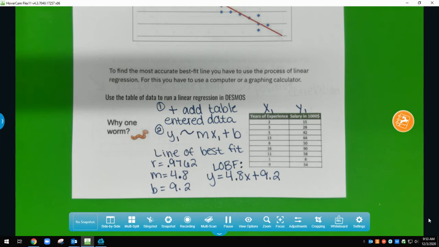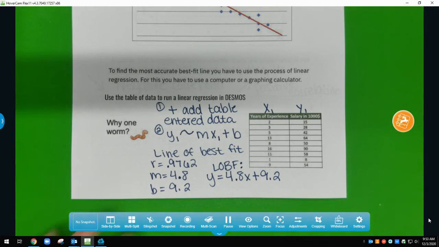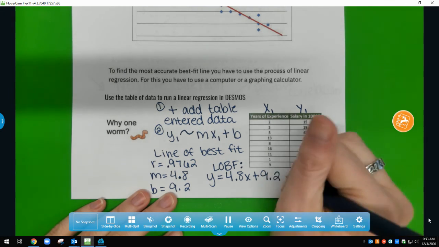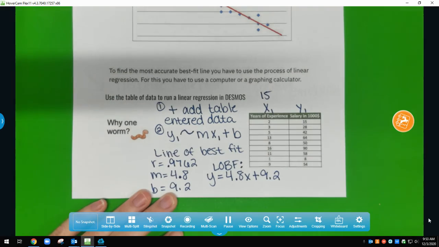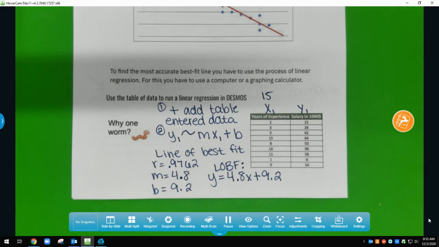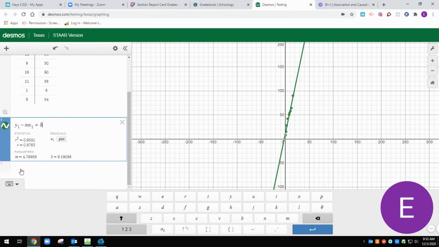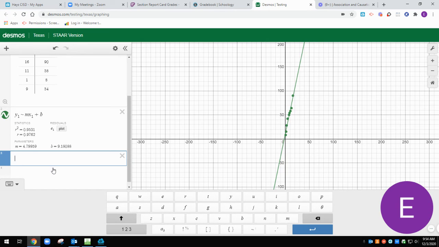We can use this line to approximate other values. So say I wanted to know if I have 15 years of experience, approximately what my salary would be. So to do that, we would go back to Desmos. In line 3, I'm going to type my line of best fit equation.